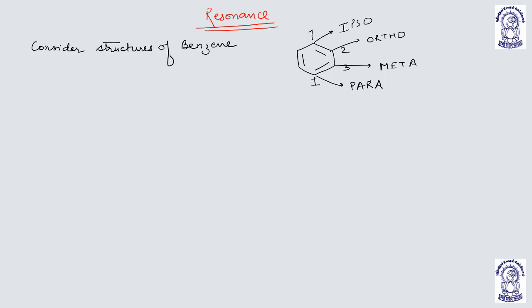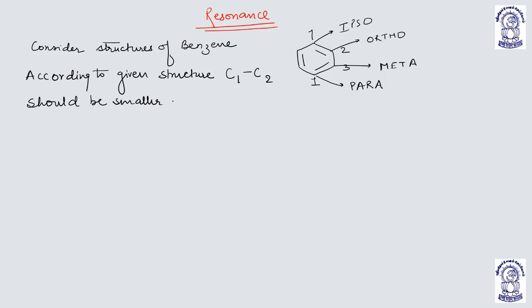Okay, so according to the given structure, the bond length of the C1 C2 bond, meaning ipso and ortho, should be smaller because it is having a partial double bond. Then C2 C3 is not having any double bond.